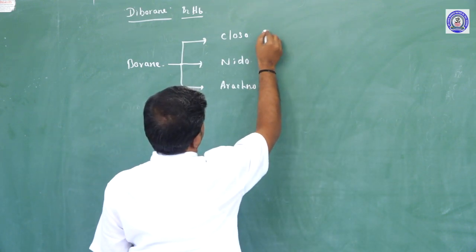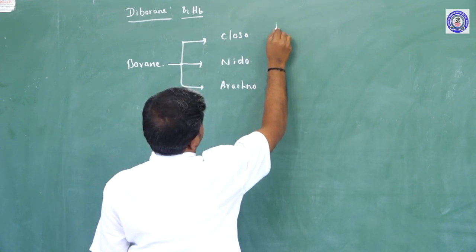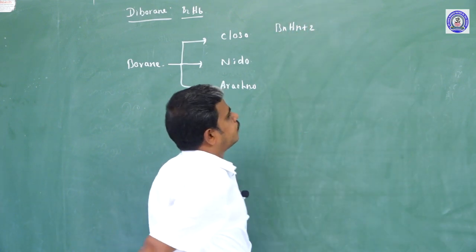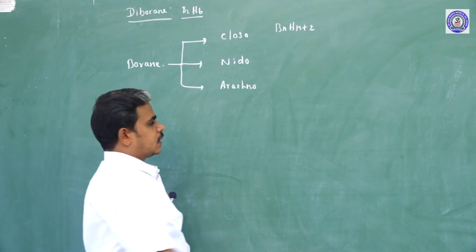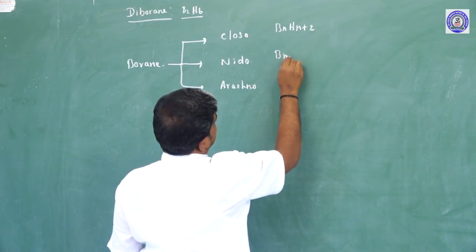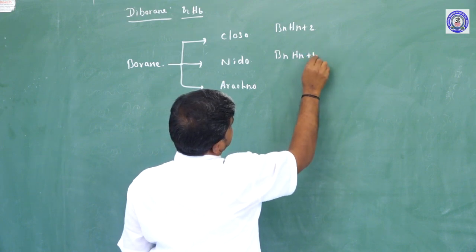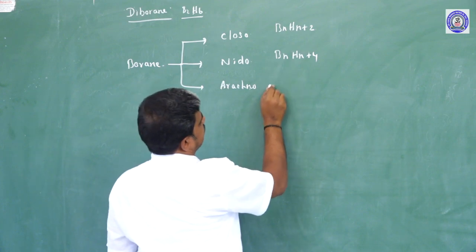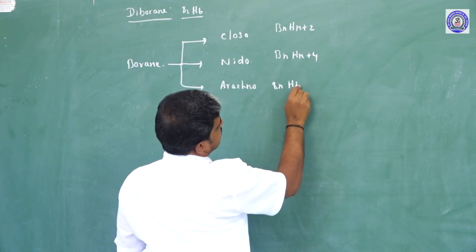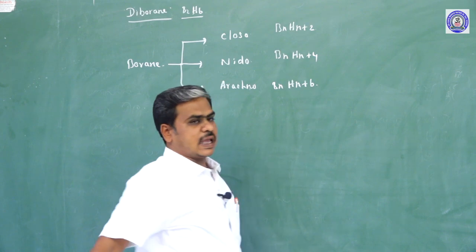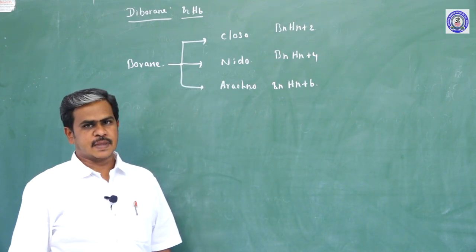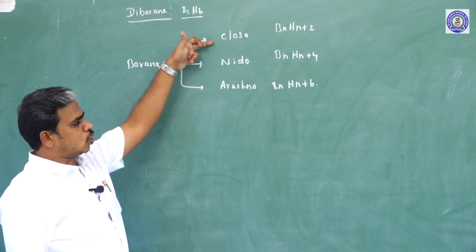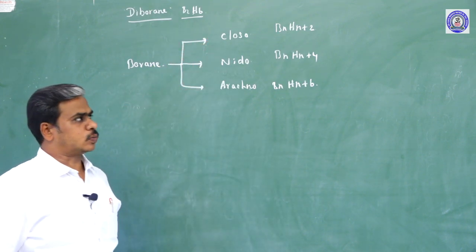Closoborane is BnHn+2. Nidoborane is BnHn+4. Arachnoborane is BnHn+6. So, borane is classified into three types, that is closo, nido and arachno.